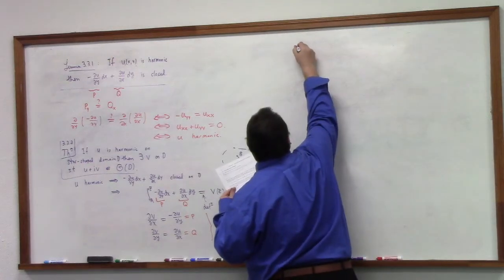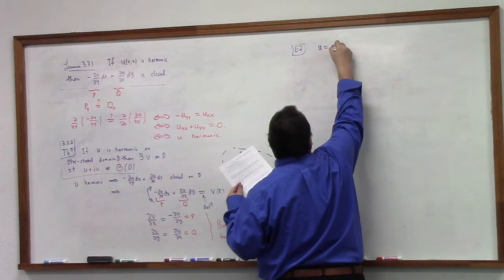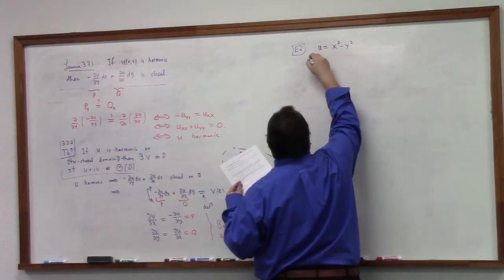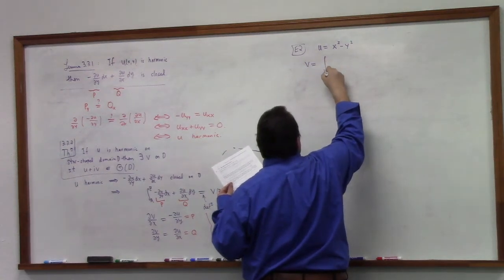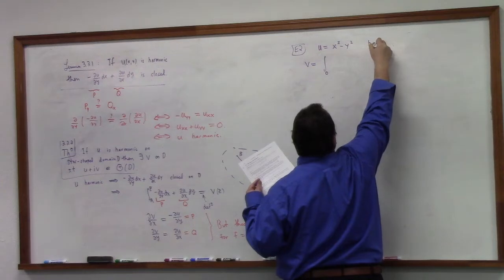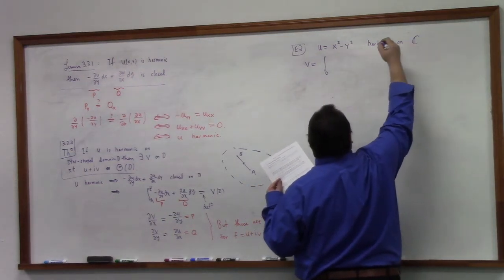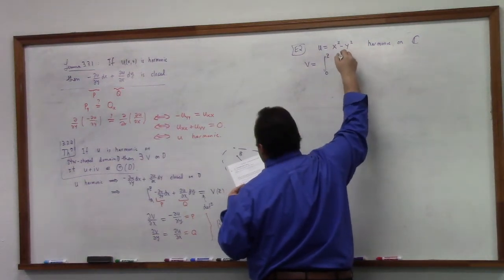Example 2. So if we had u equals, say, x squared minus y squared, then v would be the integral from, pick your favorite point, I'll pick 0. So this is, by the way, harmonic on the whole complex plane, right? So we could do the integral from 0 to z of, what am I supposed to do?